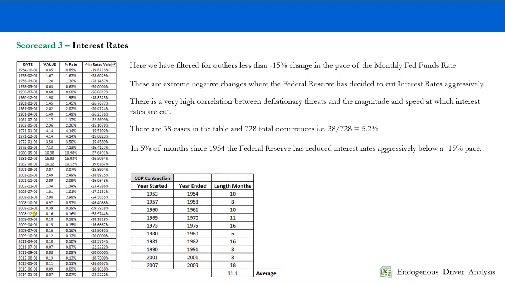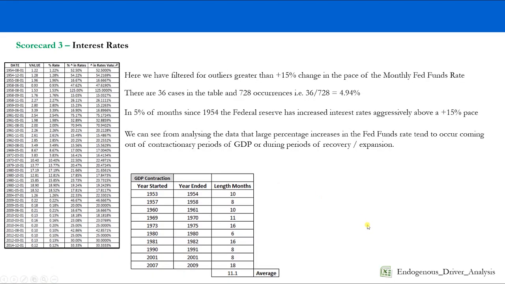So what you're actually seeing in this data is the Fed reacting. So what we were alluding to earlier when we talked about the time lag, the Fed reacting after a time lag to GDP contraction and decreasing interest rates at a rapid pace.